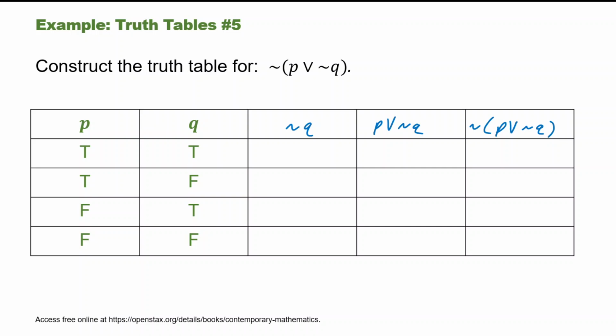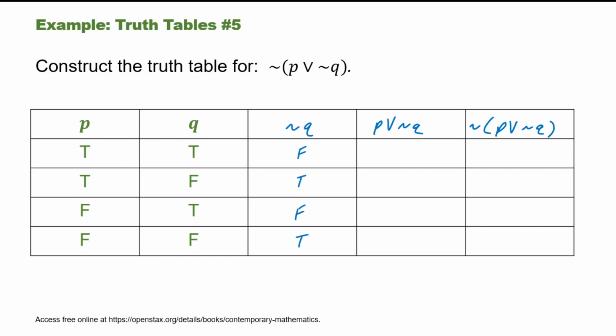Our rows for the first two columns are completed as true and true, true and false, false and true, false and false. For the third column, we need to look at the column Q to find the negation of Q. So if we find the negation of these values, this third column is false, true, false, true.